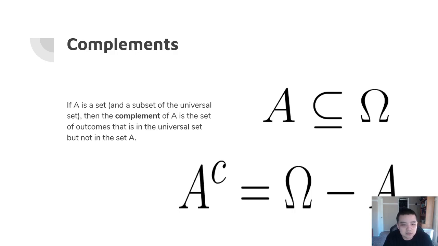If A is a set and subset of a universal set, then the complement of A is a set of outcomes that is in the universal set, but is not in the set A. So you'll notice that for whatever we're calling a complement, and I assure you we're going to see plenty of examples of this today and Friday, the notation I'll be using this semester is placing a lowercase c in the top right of the capital letter, so a lowercase c in the exponent spot.